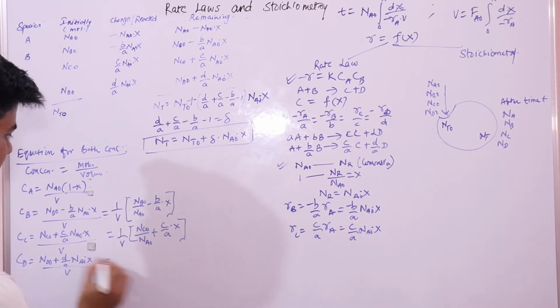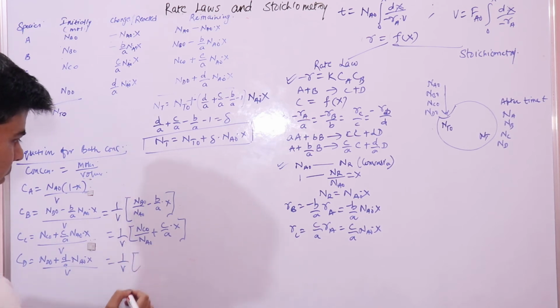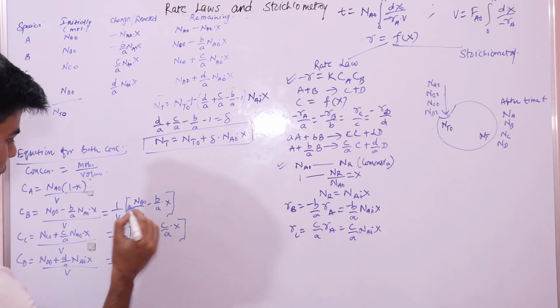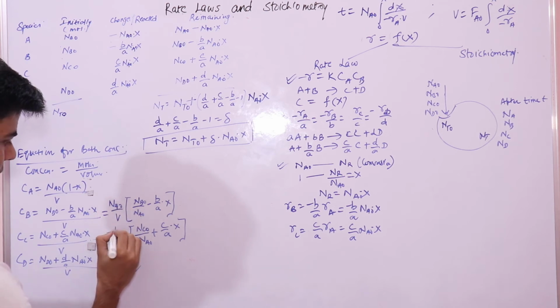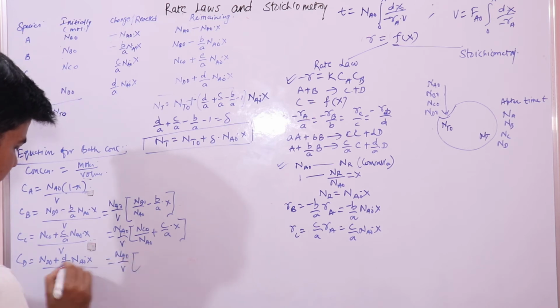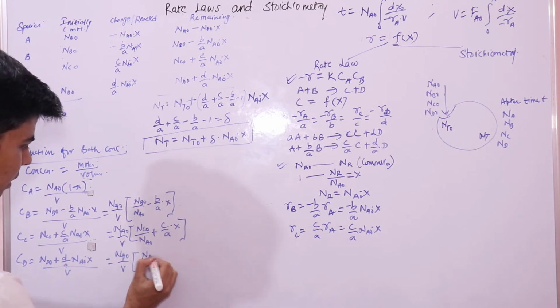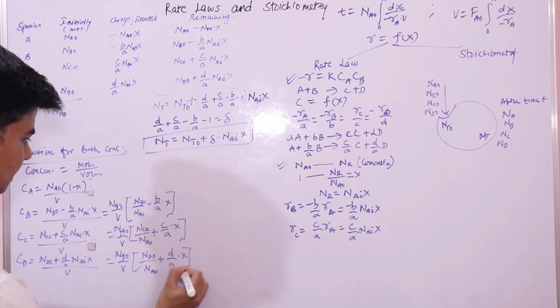Similarly this one, 1 upon V, and since you have taken Na0 common, here you have Nd0 upon Na0 plus D upon A x.